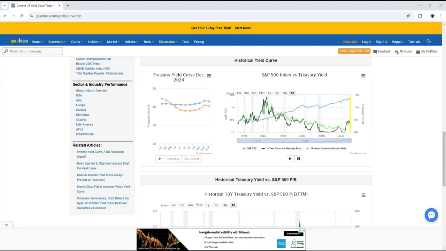TLT is a 20-year bond ETF, right? So it's a 20-year plus, 20, 30 Treasury bond ETF. So if the rates on the 20-year plus, 20 and 30, are higher, the price of TLT is going to come down. And that's exactly what we have been seeing.